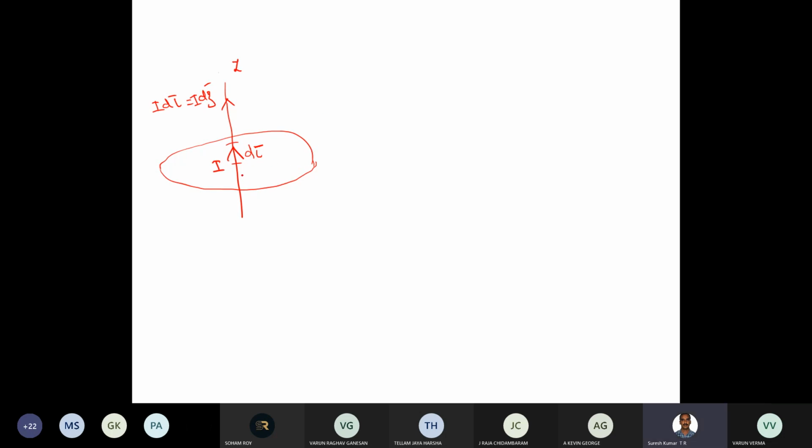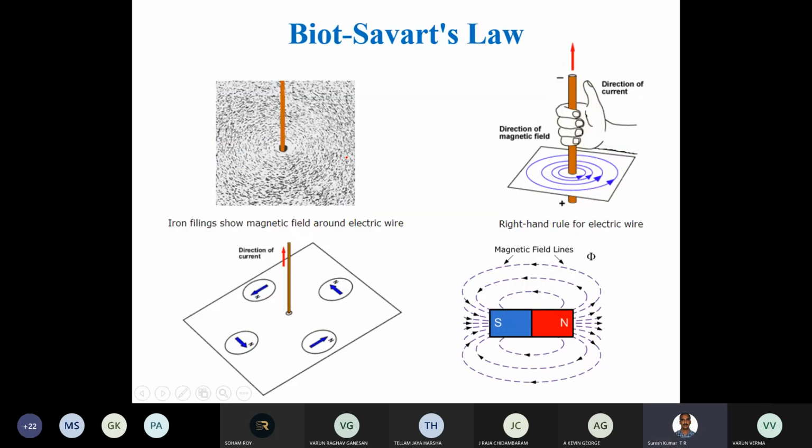Now, to find the direction of the magnetic field, you can use your right hand, or I can show it in a picture, which will be easier. To find the direction of the resulting magnetic field, you have to use this rule. Without even using mathematics, you can find the direction of the resulting magnetic field.